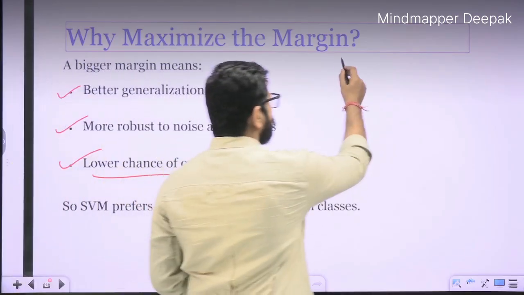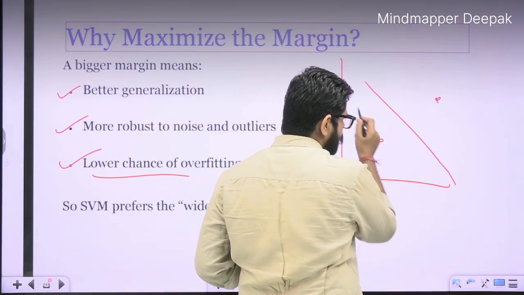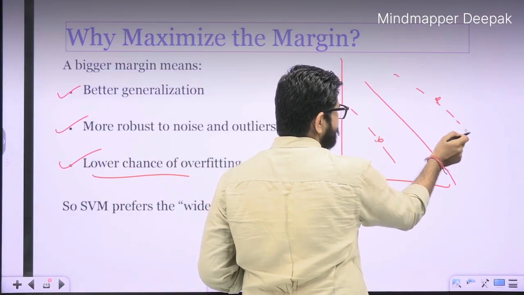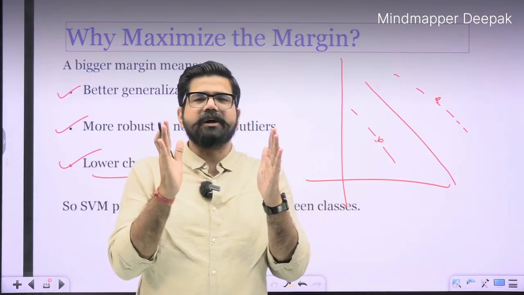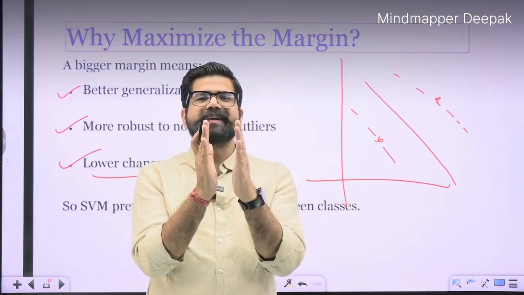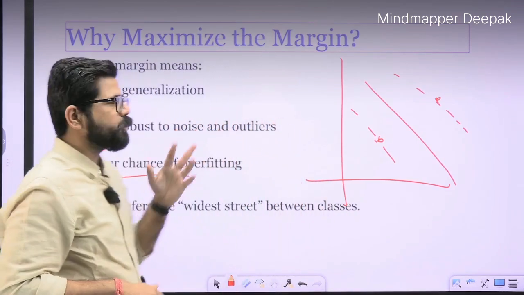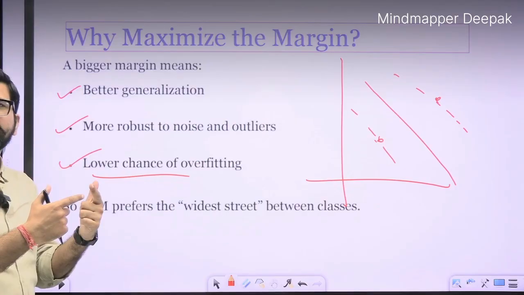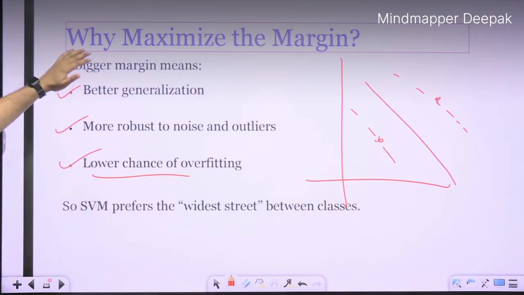See here, since the margin distances are larger, even if the data increases and you increase the margins, overfitting cannot happen. The more the margin, the more overfitting is reduced. You can even eliminate overfitting by the use of the SVM. So why maximize the margin?